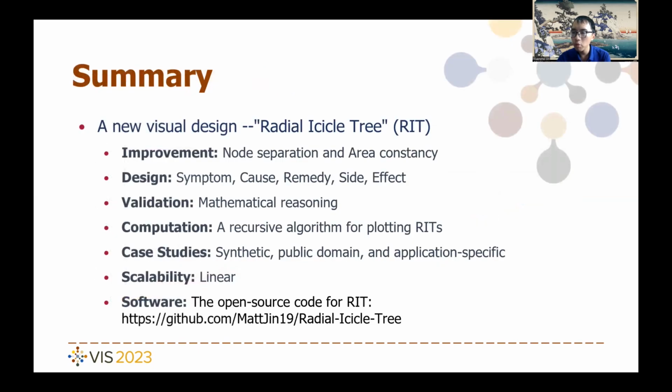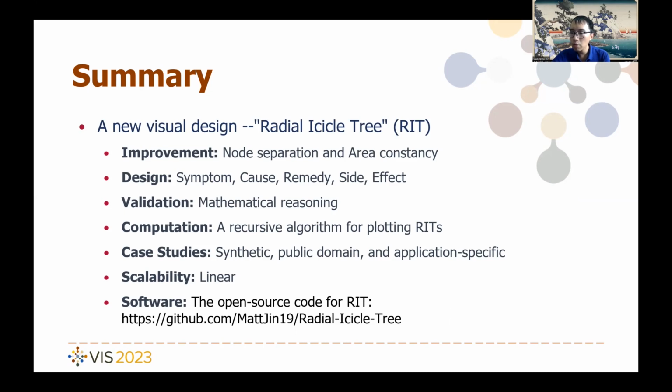In this paper summary, we introduced a novel visual design called the Radial Icicle Tree. This design addresses the limitation related to node separation and area consistency found in the existing designs. We show our design idea by establishing its mathematical properties and computational technology for achieving optimal node separation and area consistency.